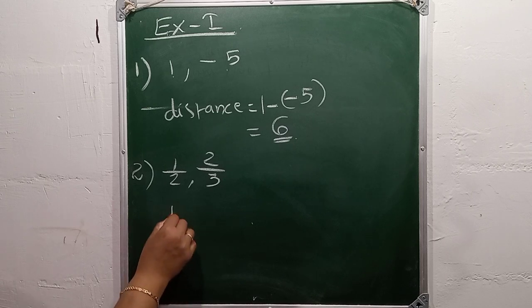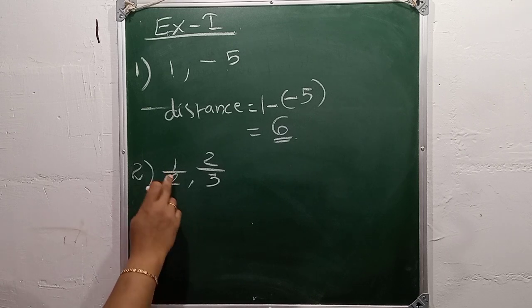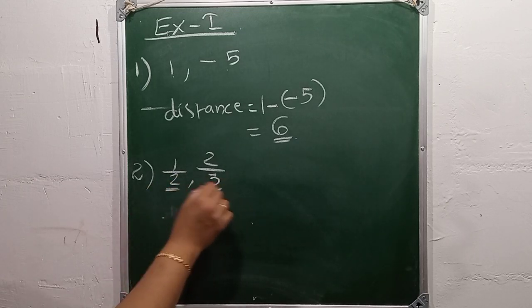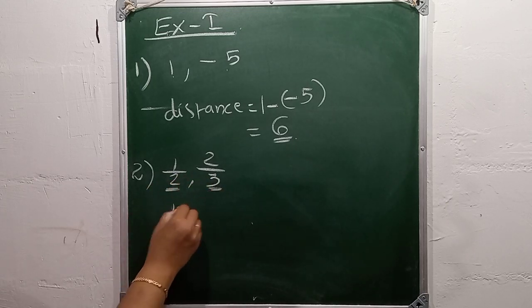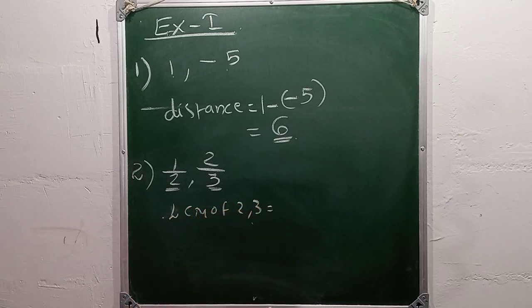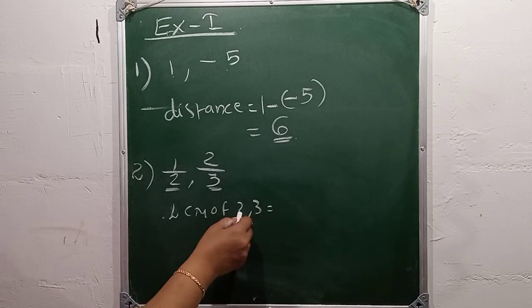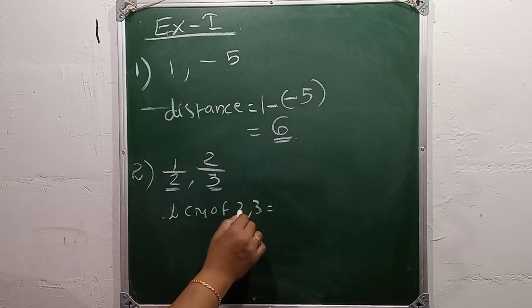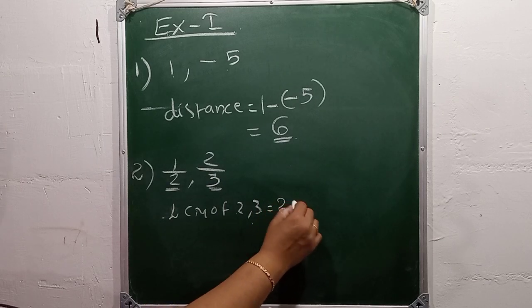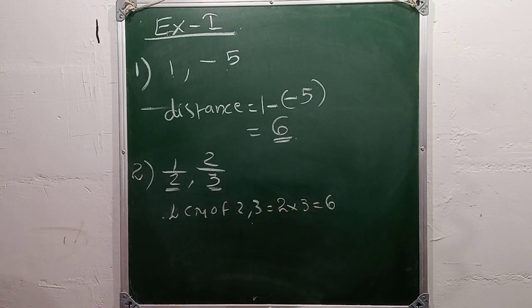For that, just take the LCM of the denominators 2 and 3. Here for 2 and 3 there are no common factors. Therefore their product is their LCM. So 2 into 3 is equal to 6, which is the LCM of 2 and 3.